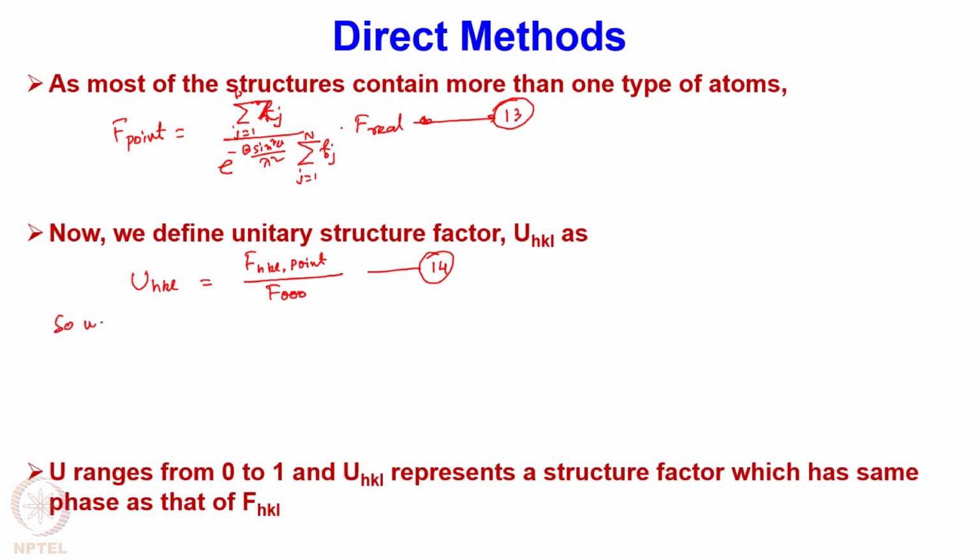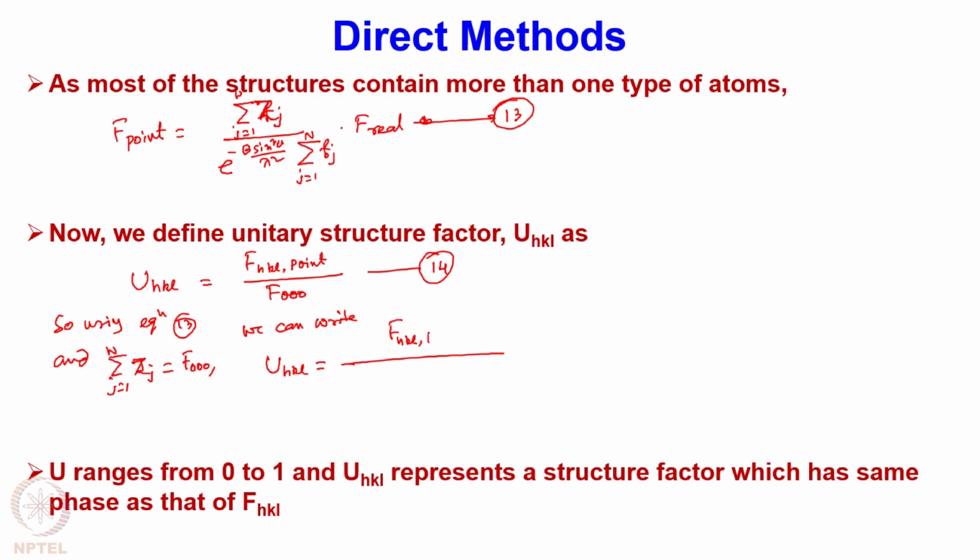So using equation number 13 and that sum over j equal to 1 to n zj is equal to F000, we can write UHKL is equal to FHKL point divided by e to the power minus B sine square theta by lambda square into sum over j equal to 1 to n Foj.